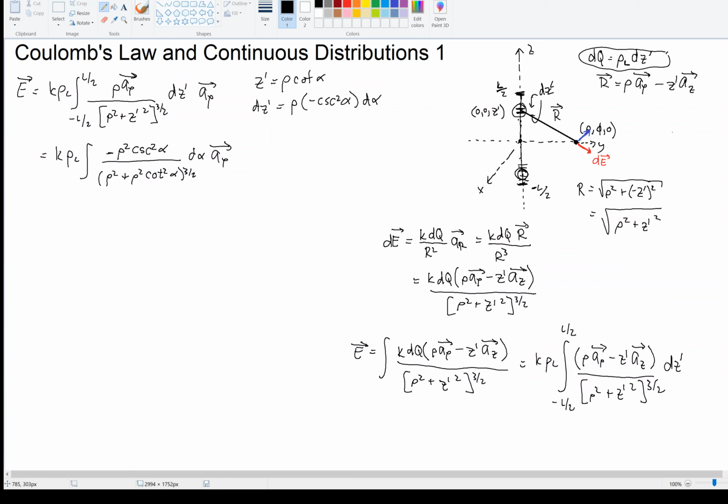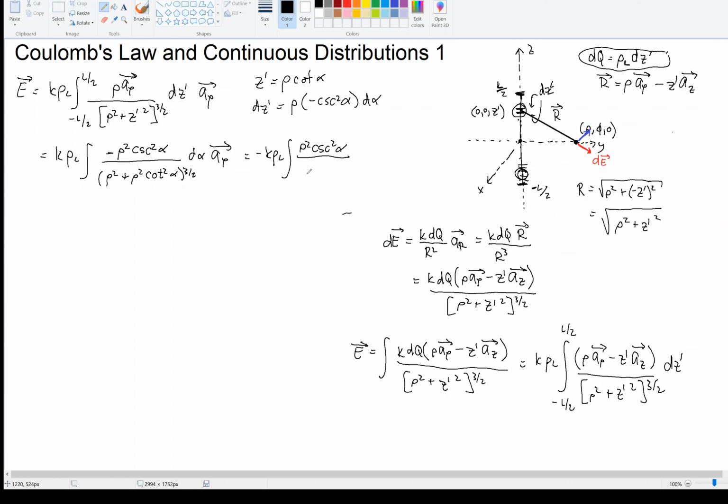All right, so this is just making a direct substitution everywhere there's a z, I put in this thing, and everywhere there's a dz, I put in this thing. All right, so I can simplify this a little bit, bring the negative out. I'm leaving off the bounds on purpose. Cosecant squared alpha.